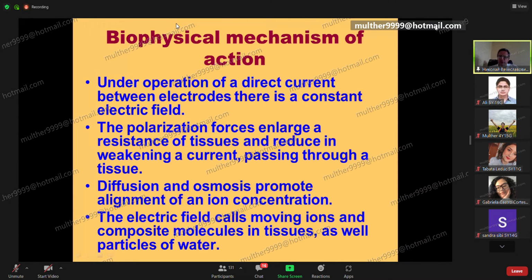As for the biophysical mechanism of action of electric current, with the operation of direct current between electrodes, we can create a constant electric field. Polarization forces enlarge resistance of tissues and can reduce weakening of current passing through tissue.